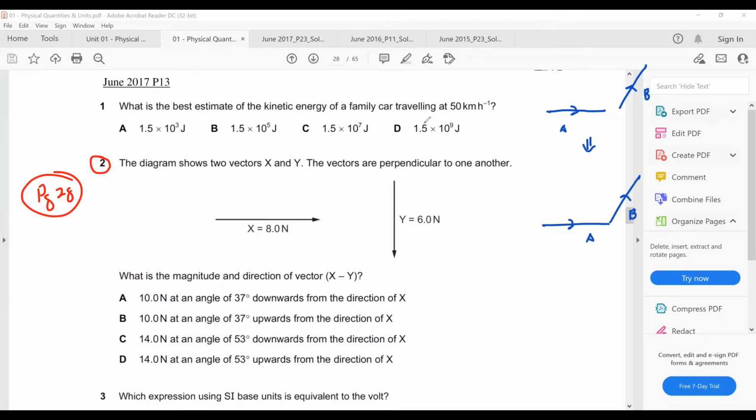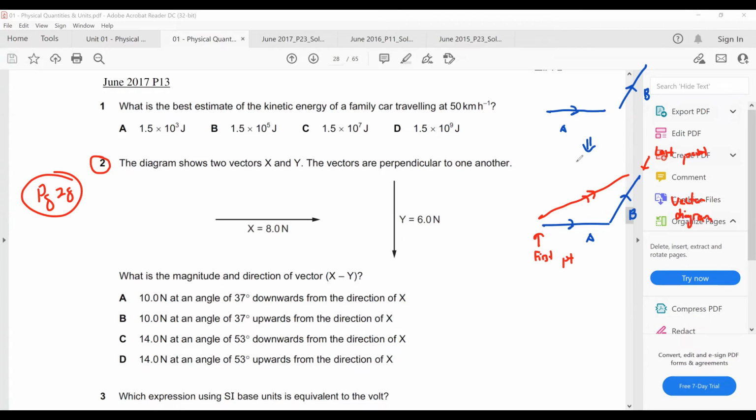Vector A, vector B, and then eventually your resultant is this one. This one was your first point, this one was your last point. This one is you trying to deduce your resultant from the vector diagram. This is your vector diagram.